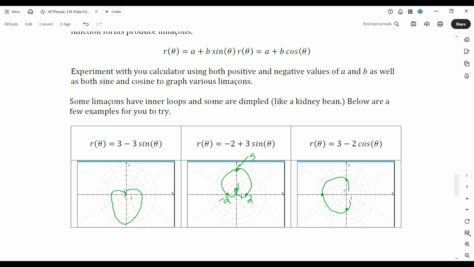So the point is right here. So it looks like that, but it's still out at 5. I put no loop in there because I thought you always had a loop. So this is a little bit different.